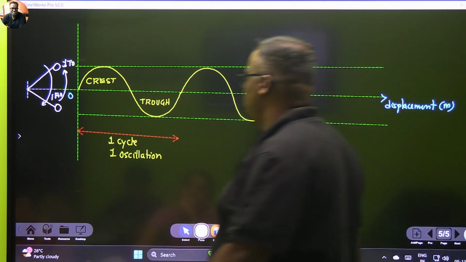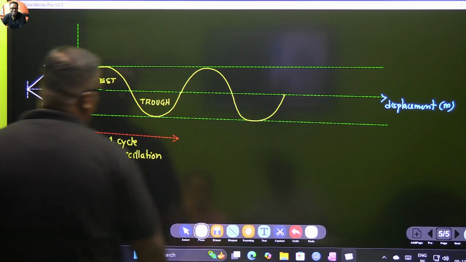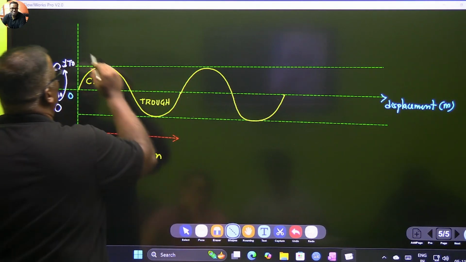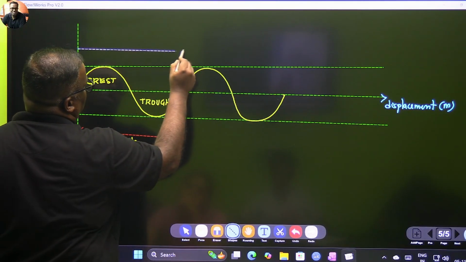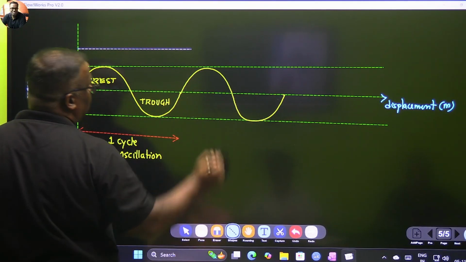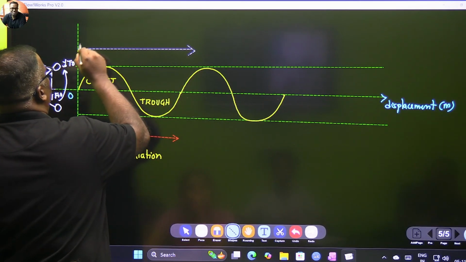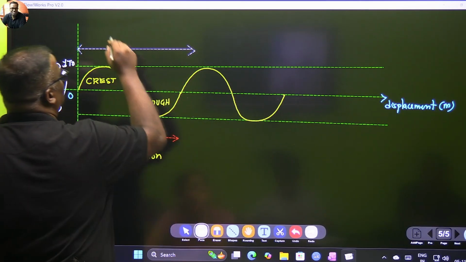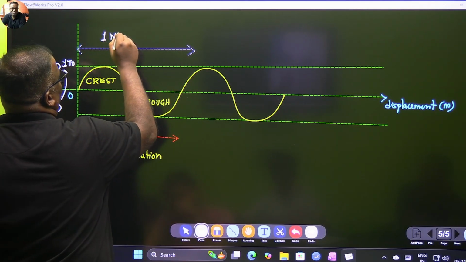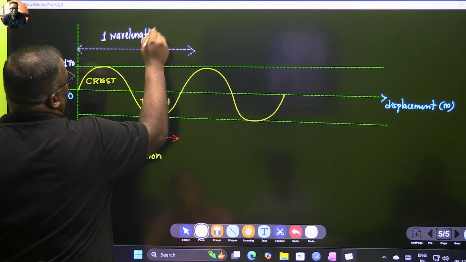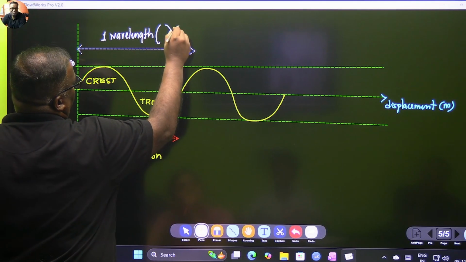Crest and trough together is known as one oscillation, one cycle, and in wave language we also call this one wavelength. This is known as one wavelength, denoted by the Greek letter lambda, written like this.